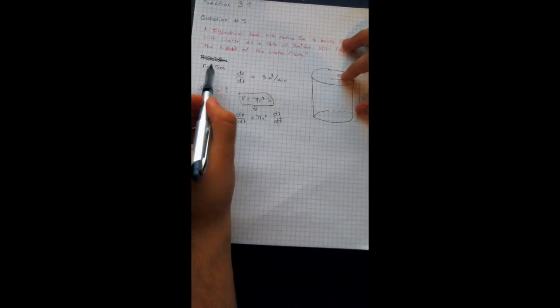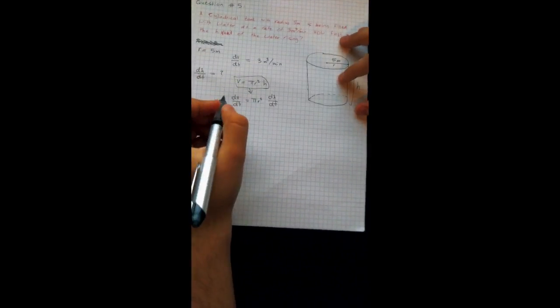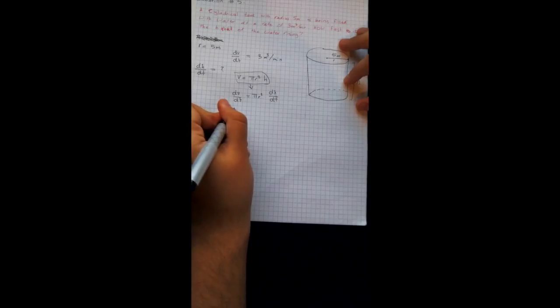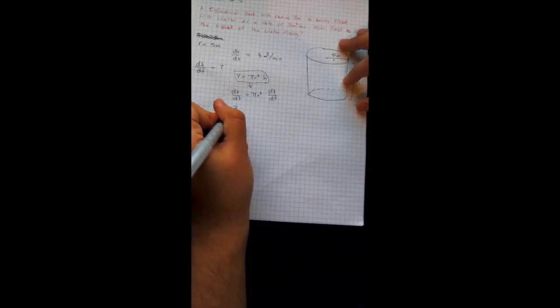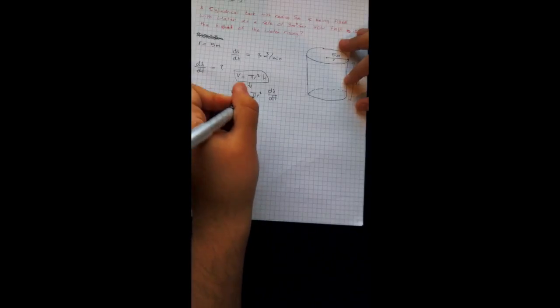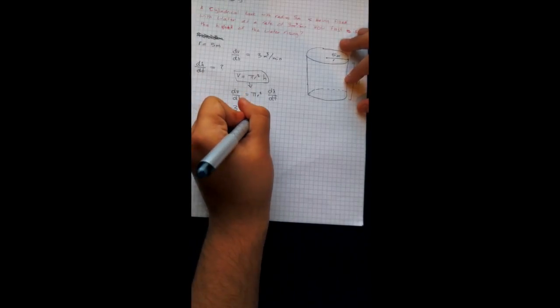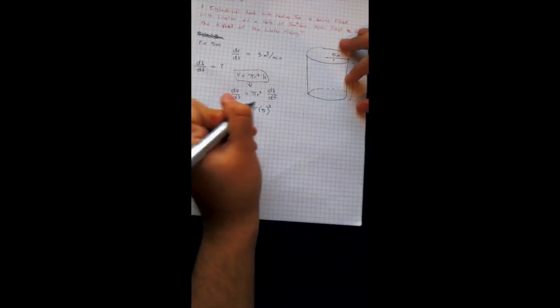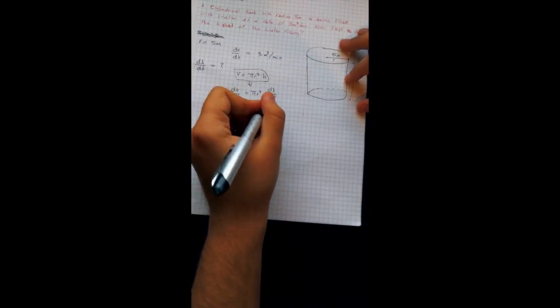So over here we already have numbers we can plug in to derive the answer. We know that dV/dt is equal to 3 cubic meters, so 3 is equal to pi, and we know the radius is 5 meters squared, and then we're just trying to find dH/dt.